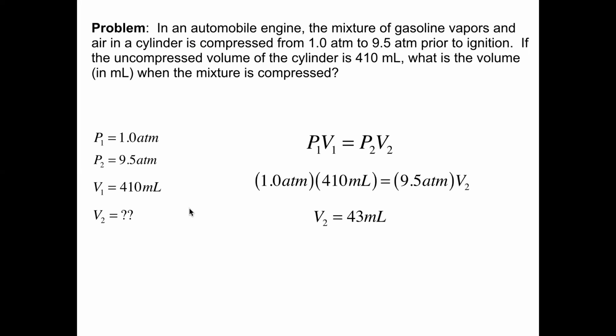So we can go ahead and plug that into our equation. 1 atmosphere times 410 milliliters is equal to 9.5 atmospheres times our final volume. We can divide that by the pressure, and we find out the final volume is 43. So if we increase the pressure from 1 to 9.5 atmospheres, our volume has gone from 410 down to 43 milliliters.